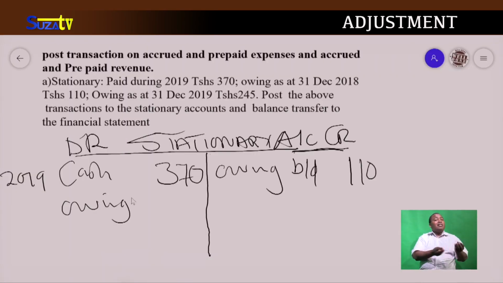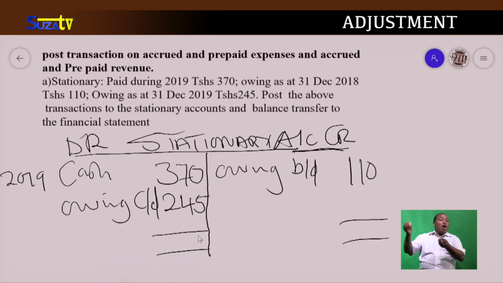This is a current owing. I think you remember that all current owing should be recorded on the debit side and added to cash. This is owing CD is 245. Okay, add all the amount of debit.